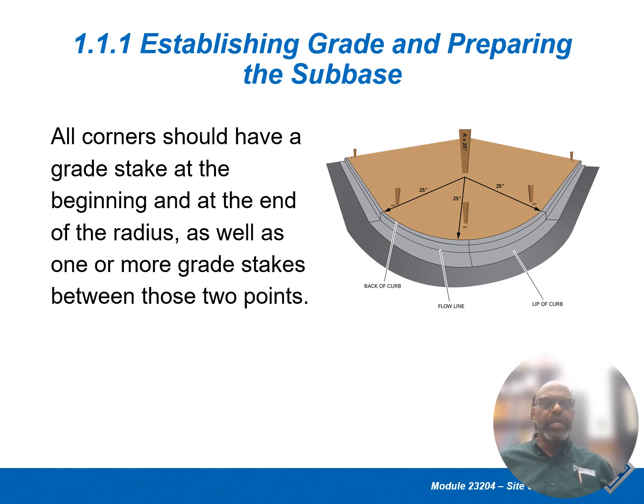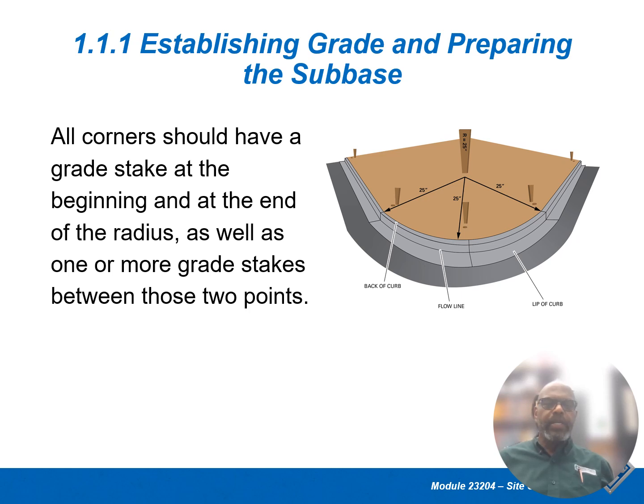All corners should have a grade stake at the beginning, at the end of the radius, as well as one or more grade stakes between those two points. It all depends on the radius and how large the curve will be.